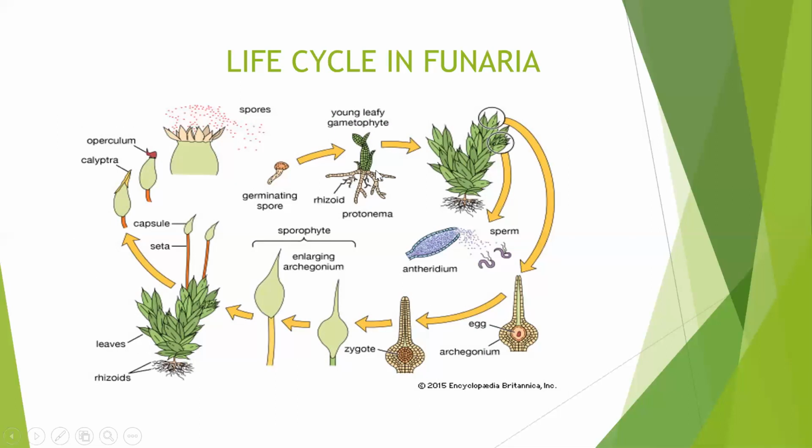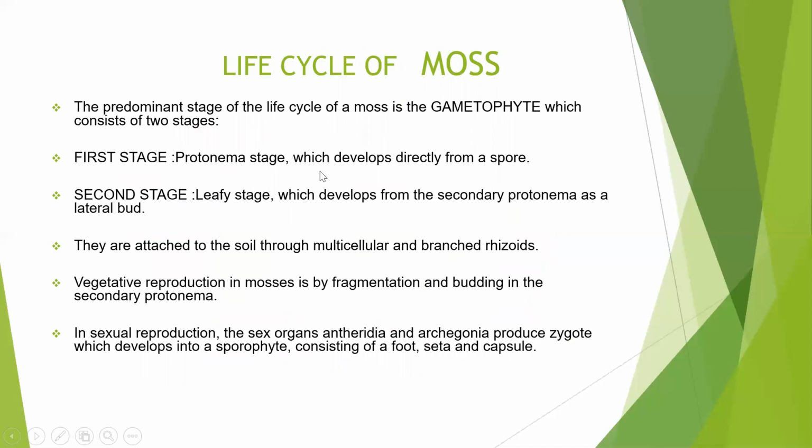Now the second phase is that this protonema will give rise to a leafy structure. This is the leafy structure. So the first stage is the protonema stage, which directly develops from the spore, and on that protonema, the second stage that develops is the leafy structure, which develops secondary protonemas also.